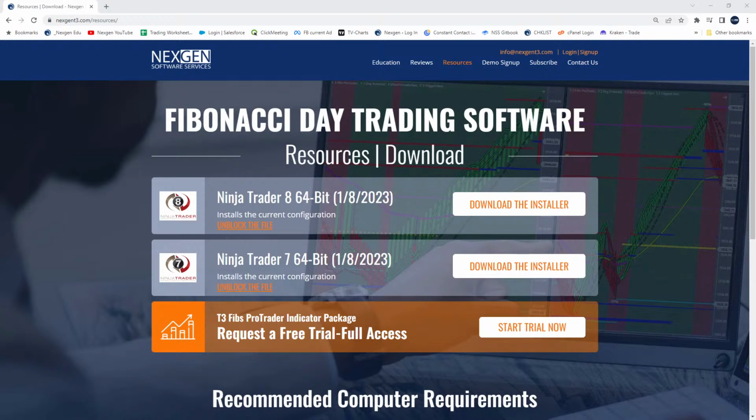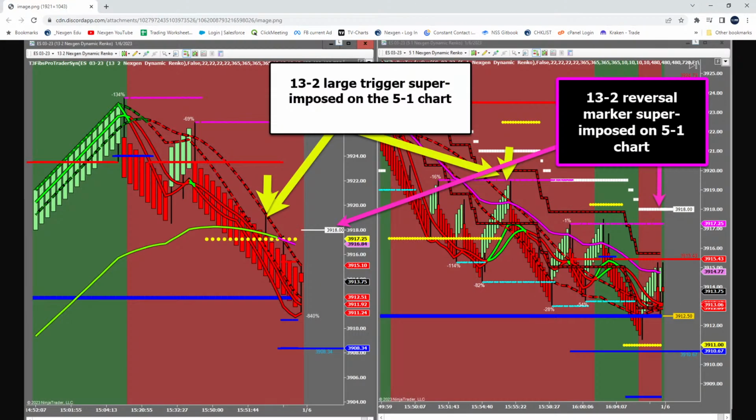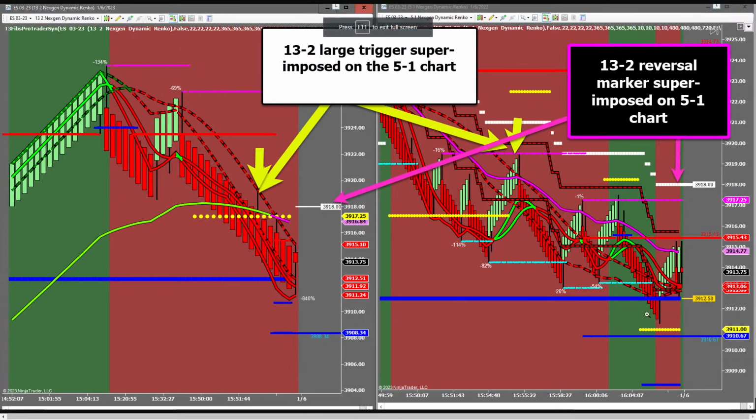I'm going to post a picture of it in the chat room. As I spend time with you guys and talk about teaching and simplicity, one of the things that sticks out to me is that I've done a lot of work with a 21-3 large small trigger on my chart.